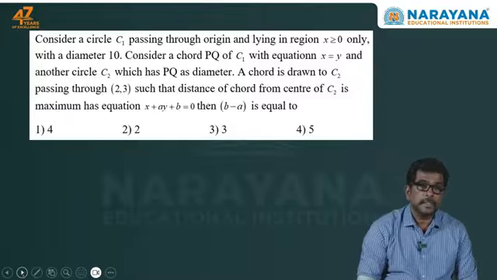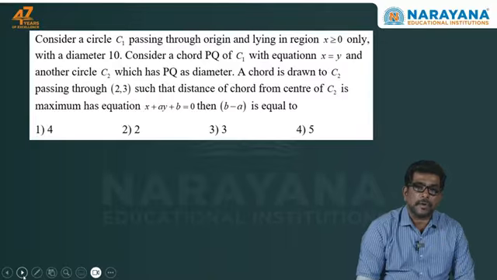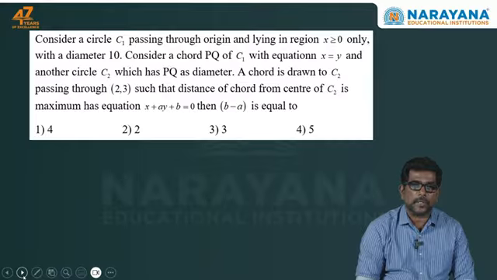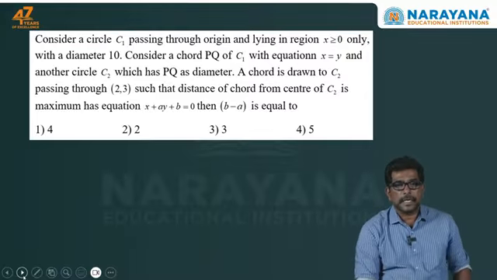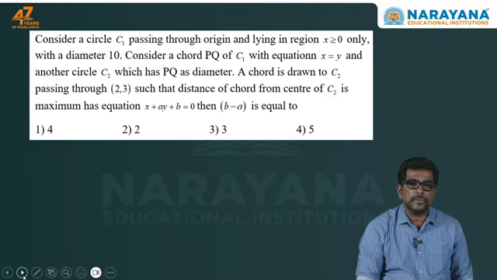Next problem is: consider a circle C1 passing through the origin and lying in the region x greater than or equal to 0 only, with a diameter 10. Consider a chord PQ of C1 with equation x equal to y, and another circle C2 which has PQ as diameter.